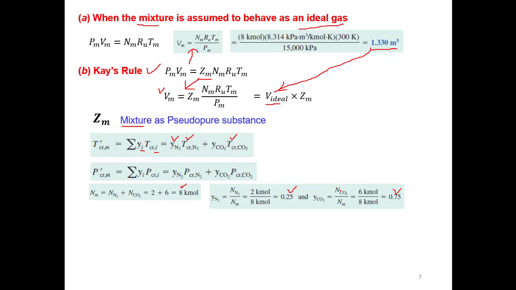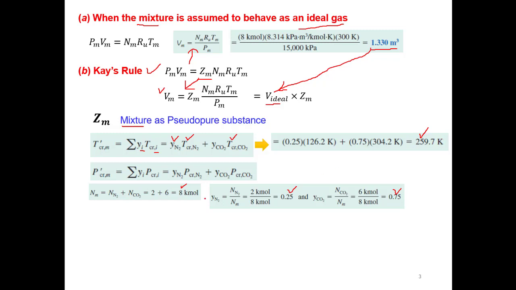Now if we put all the values in this equation, we have the mole fraction for the nitrogen, which is 0.25, and the critical temperature from the property table, which is 126.2 Kelvin, plus the mole fraction of the CO2 times the critical temperature of the CO2. So this is the critical temperature of the mixture.